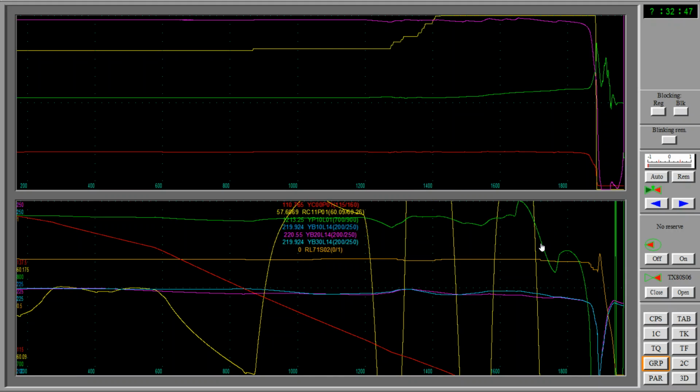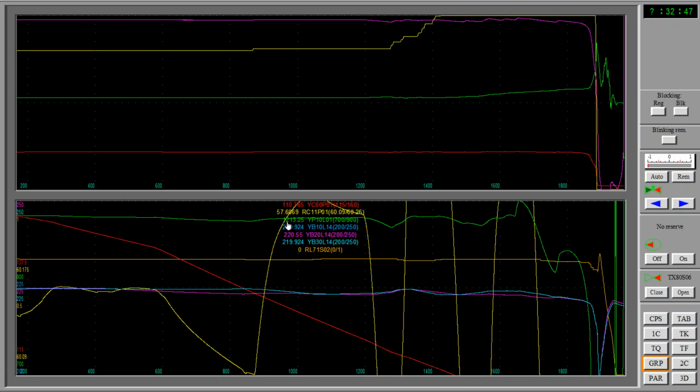Maybe this? What's the green line? 1213 or 213. I don't see if there is a 1 or not before the 2. This seems to be the level in the pressurizer.